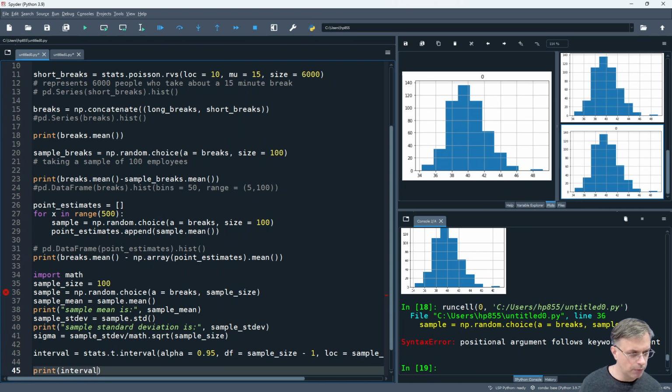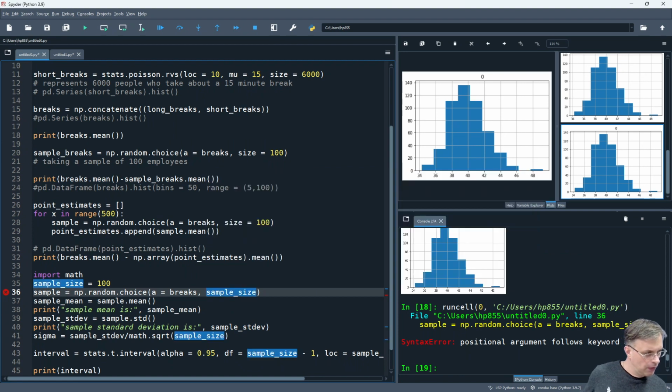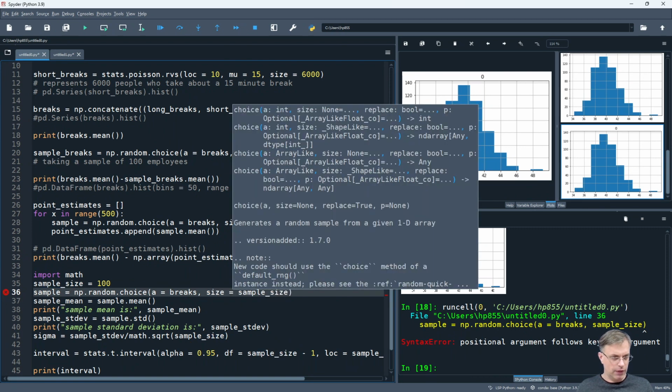Okay, we have a problem here. Where? Line 36. Size, I didn't make.